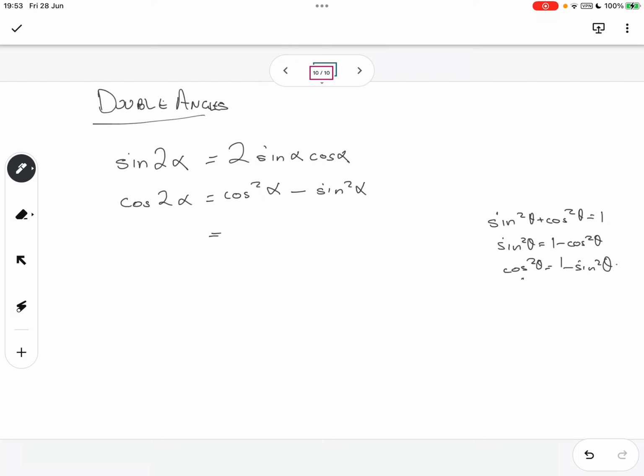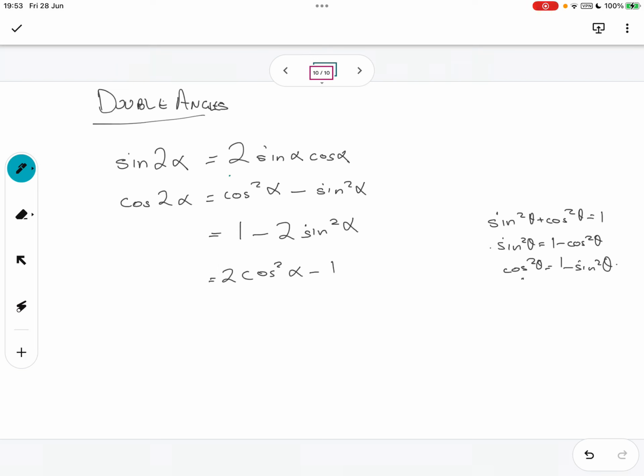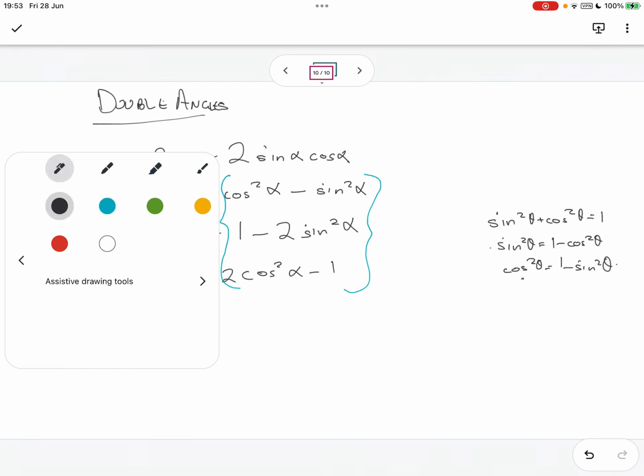Then if we substitute this in there, we get 1 minus 2 sine squared alpha, and if we substitute sine there, we get 2 cos squared alpha minus 1. And what this just means here is that all these three can be used interchangeably to express this double angle.